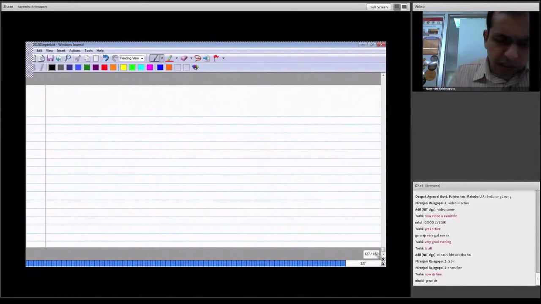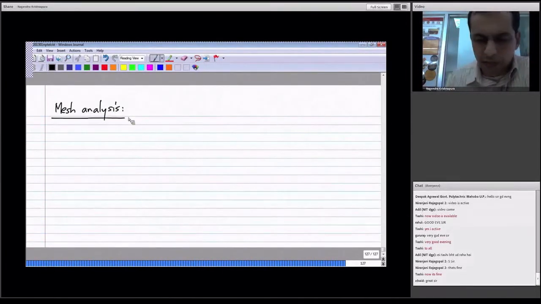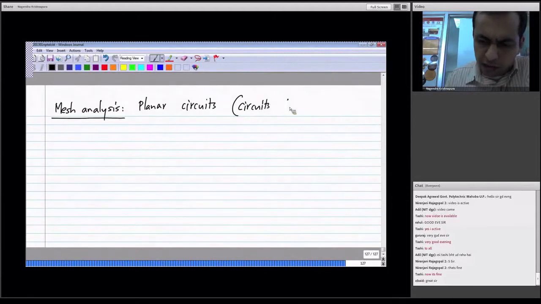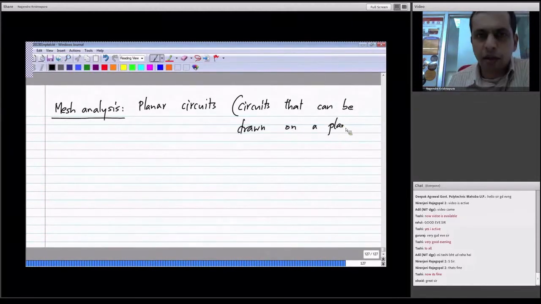Now the mesh analysis is a subcase of this loop analysis, and it's applicable to planar circuits. That is, circuits that can be drawn on a plane. Okay.